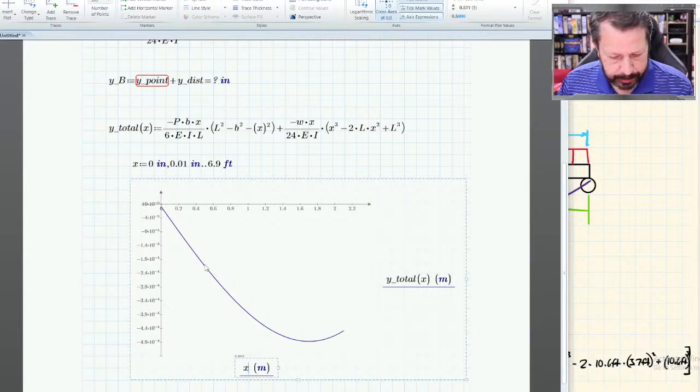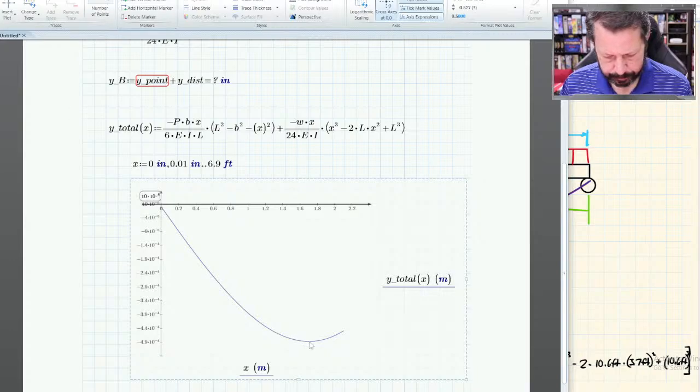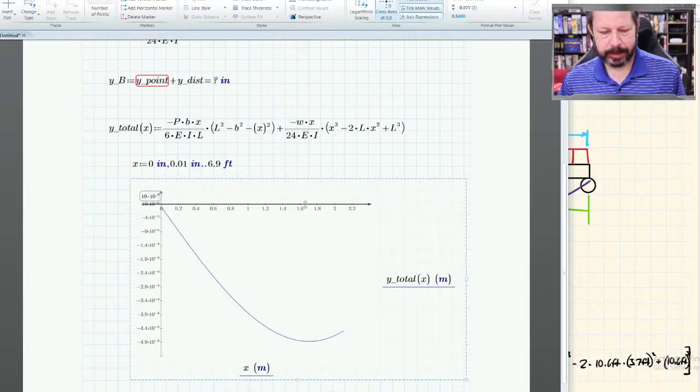So I think if we, how do we trace this thing? Trace color? No, no, no. I thought there was a way to trace on here, but I don't see it. But we can see that it's somewhere 1.68 or something.